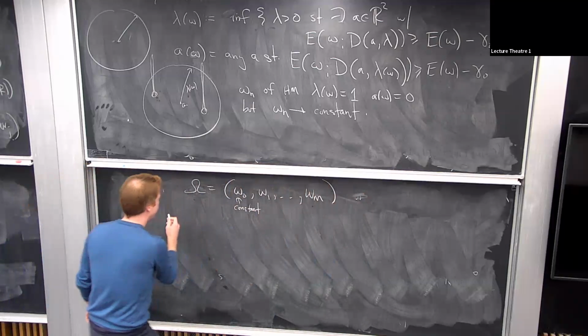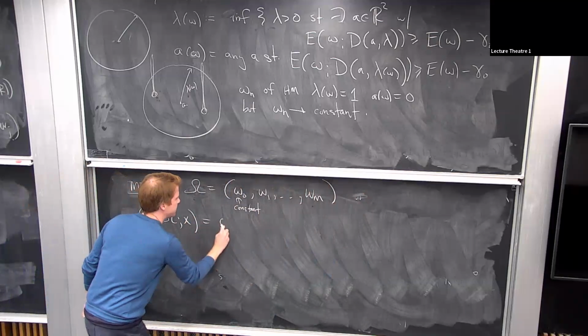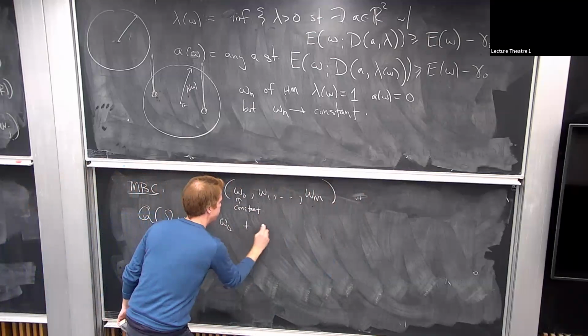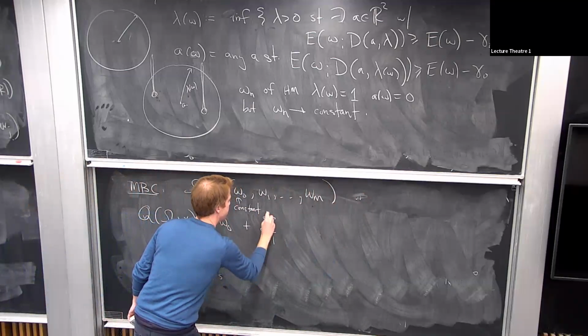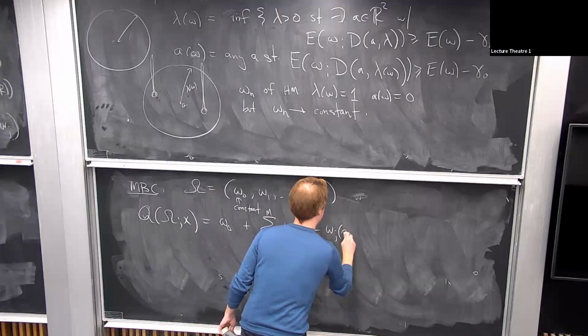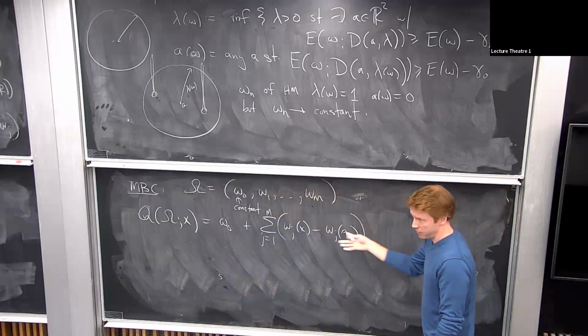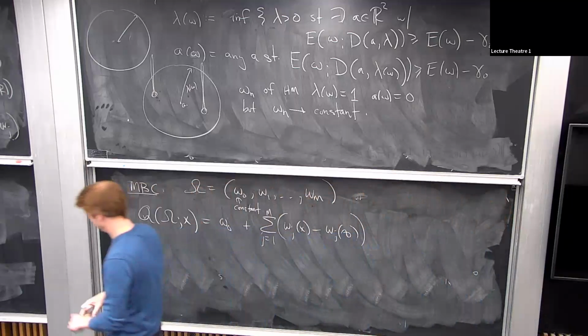Then the multi-bubble configuration Q of omega at x is a sum like this: omega naught, the constant, plus the sum from j equals 1 to m of omega j of x minus the endpoint at infinity. So these are multi-bubble configurations, a sum of harmonic maps.